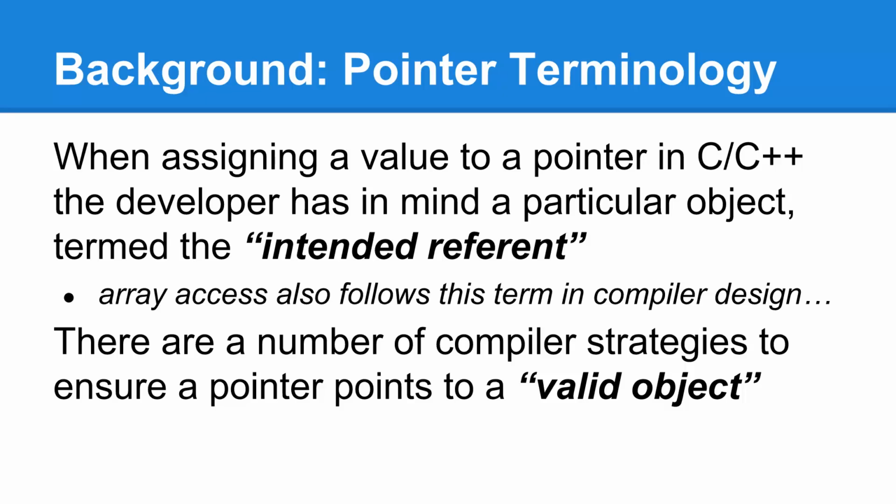Anyways, back to the subject. There are a number of both compile time and runtime strategies to ensure that when a pointer is assigned or when something is cast, that it points to a valid object. In other words, it tries to validate the intended referent.